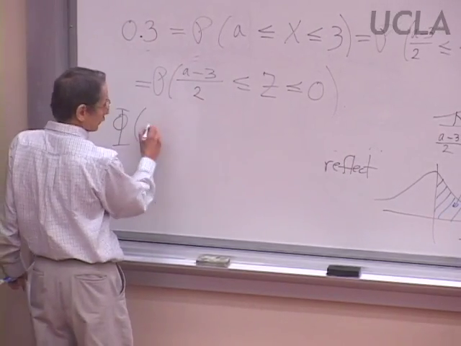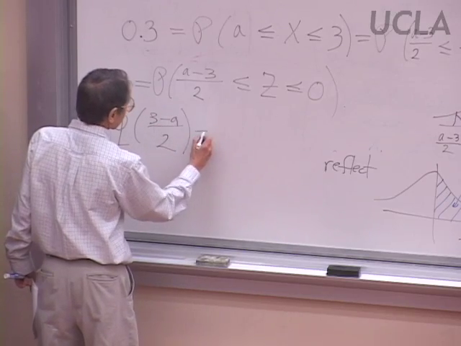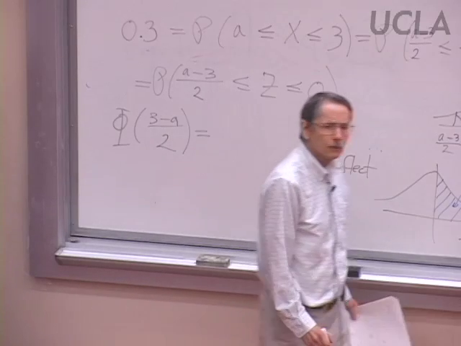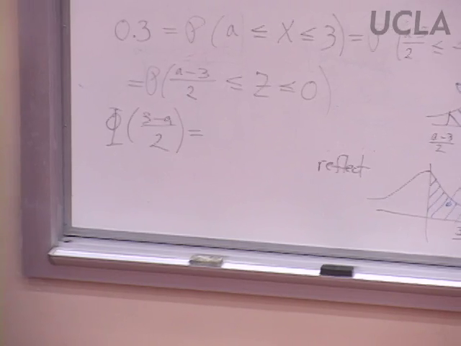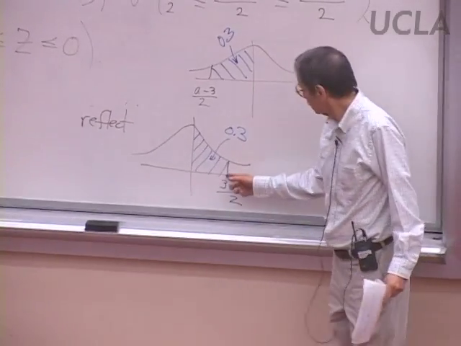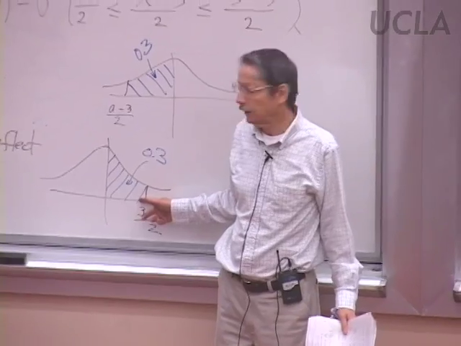We do know phi of it. We look at that picture. What's phi of (3 minus A) over 2? Right, it's 0.8. Phi of this is the area under the curve from here down to minus infinity.